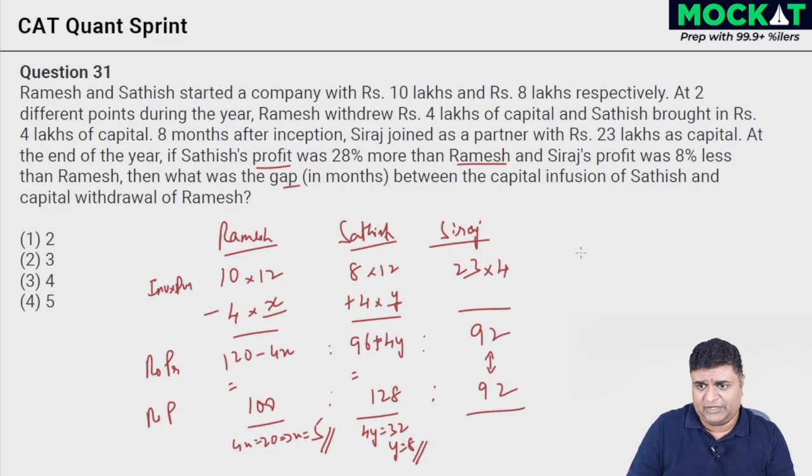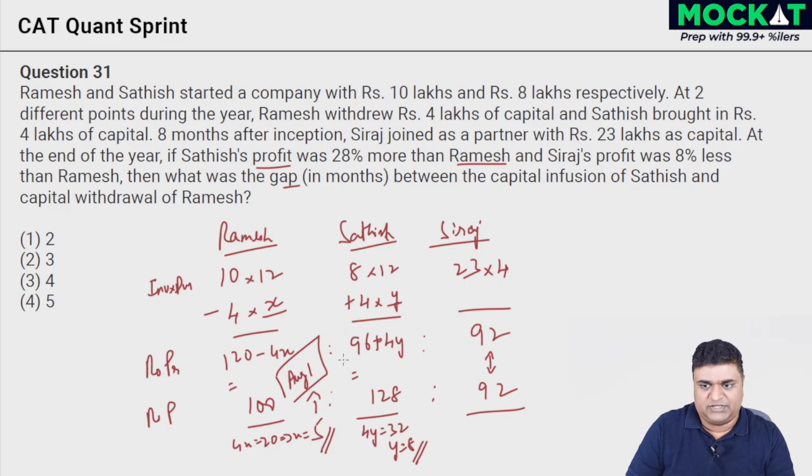Okay, perfect. So now what do these x and y mean? X over here means for the last 5 months this money was not there. So x over here is indicating that the money was withdrawn on what date? Was withdrawn on August 1st. Right? Why August 1st?